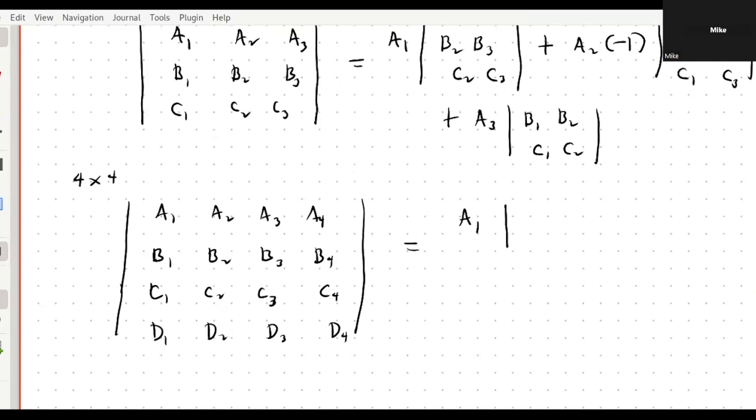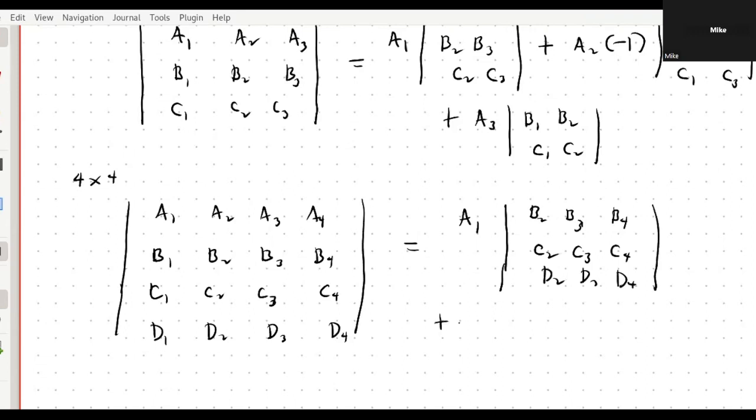A1, yung minor niyan ay B2, B3, and so on. It keeps getting more complicated because each of them will be one order below. Kung 4x4, 3x3 yung magiging mga minors, so D2, D3, D4.